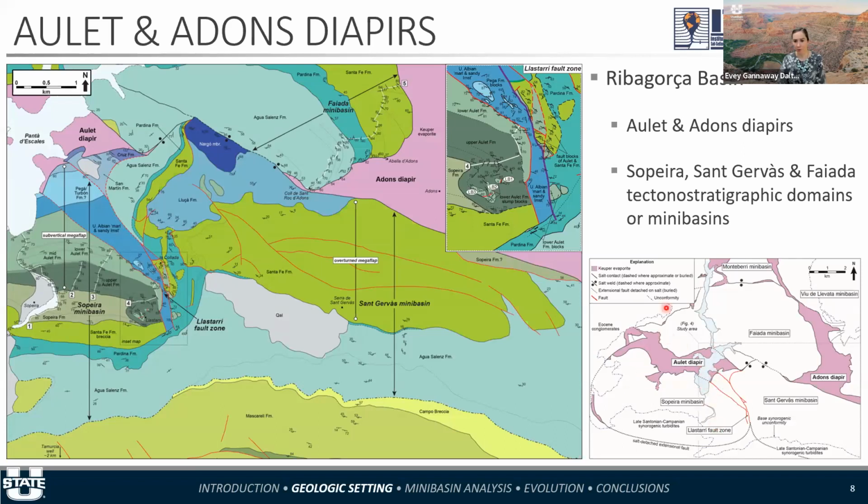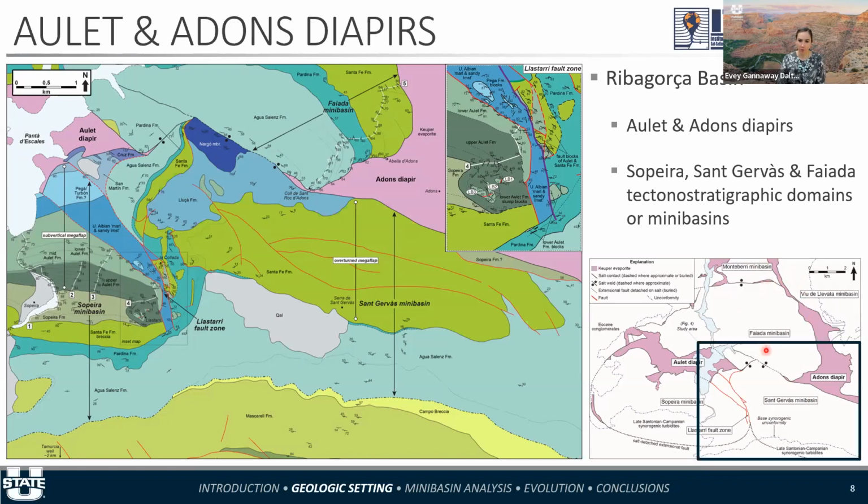And so we have to the west the Aulet Diapir, to the east the Adons Diapir that we're going to be talking about today. And then we have these three tectonostratigraphic domains, or mini basins, as I'll refer to them: the Sopeira mini basin here, the San Gervàs here, and the Fayada here.